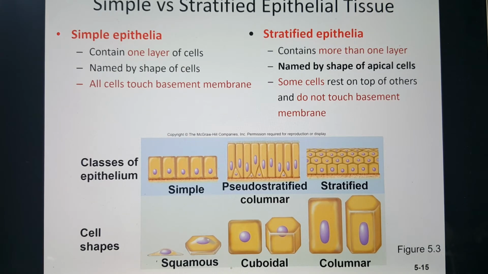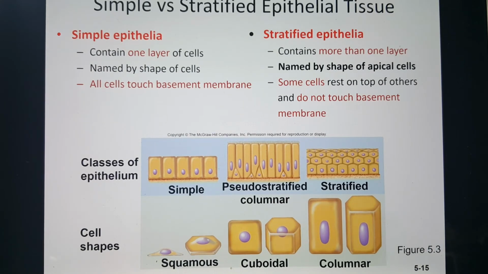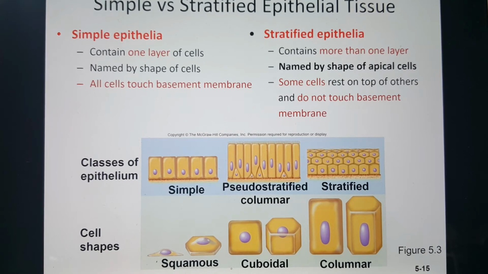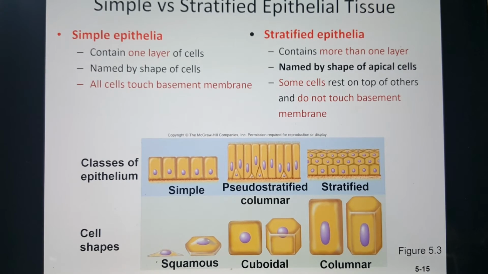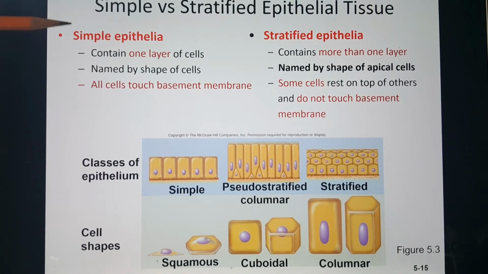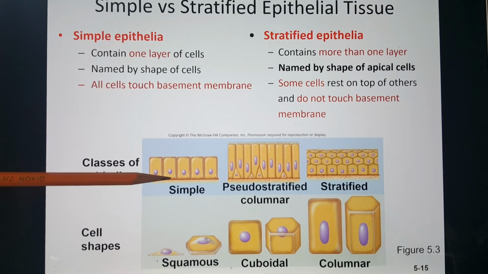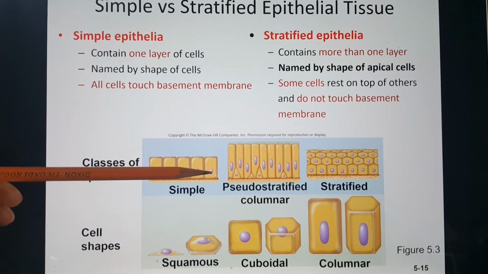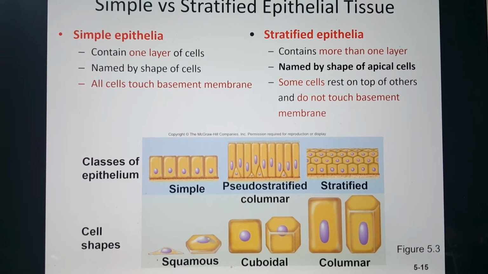In our epithelial tissue, we have different subclasses. The first one is simple epithelial. It's simple because it only has one layer, and of course it's epithelial tissue. In this case, all cells are going to align or touch on that basement membrane.